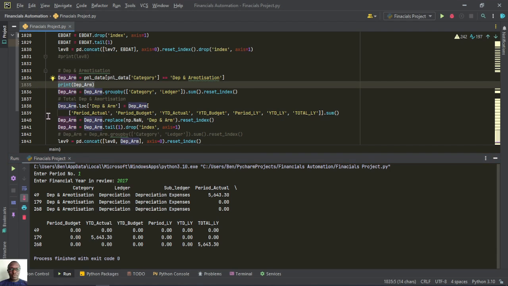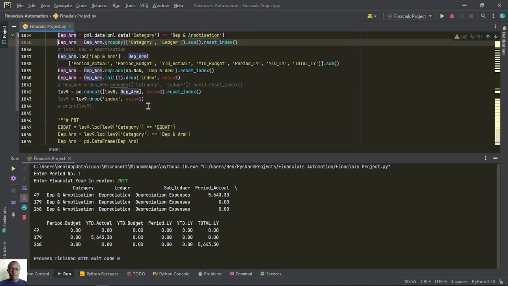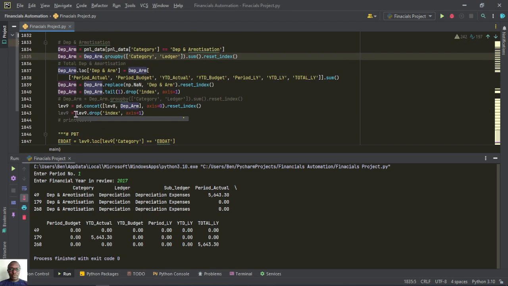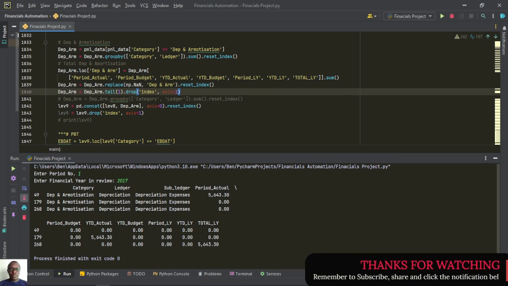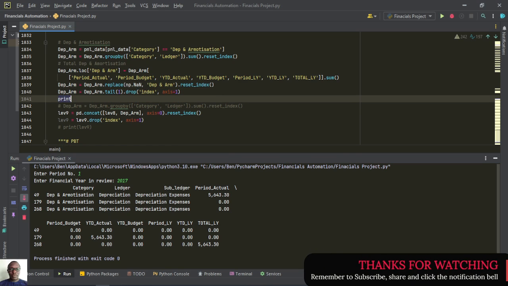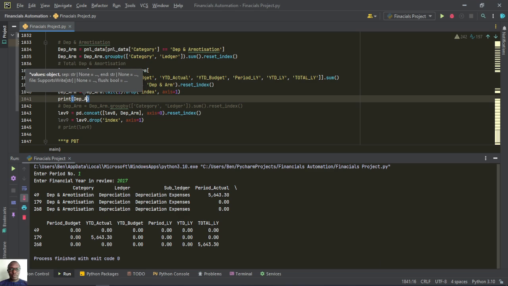So let me do away with that print out code. So before we talk about level 9, let me try to print out the dep and amortization after selecting the tail row. So here we'll write dep_arm. So let's print that.